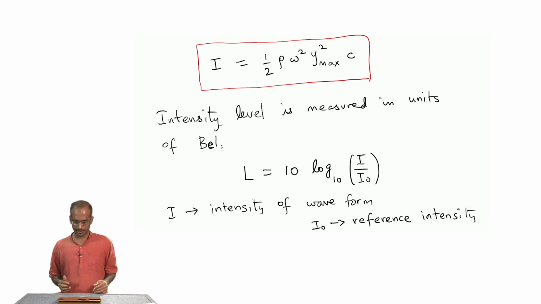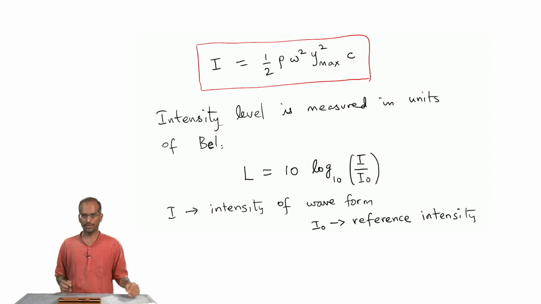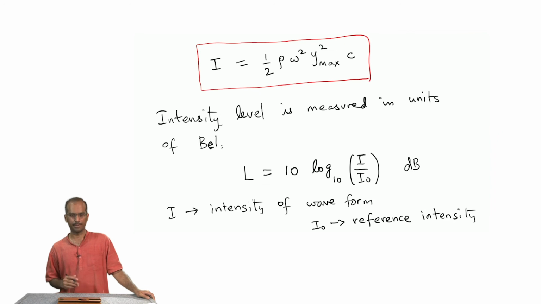The way the intensity level is defined, bell is a very large unit. So, in general, this formula measures in units of dB or decibel. Clearly, one bell is divided into 10 smaller units.